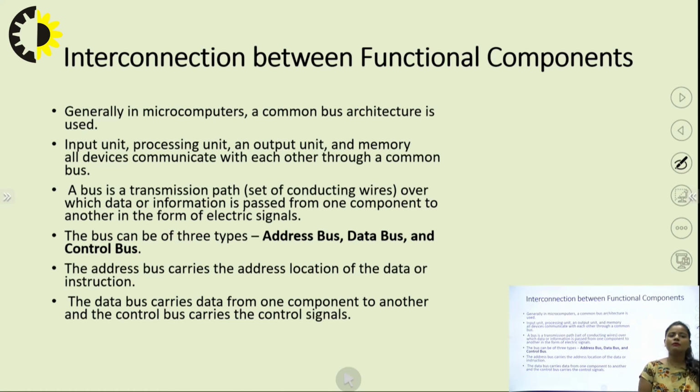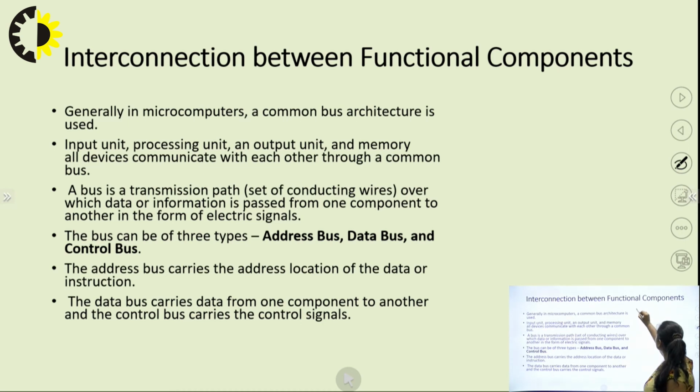Basically, in microcomputers, a common bus architecture is used. The input unit, processing unit, output unit, and memory are devices that have to communicate with each other through a common bus.